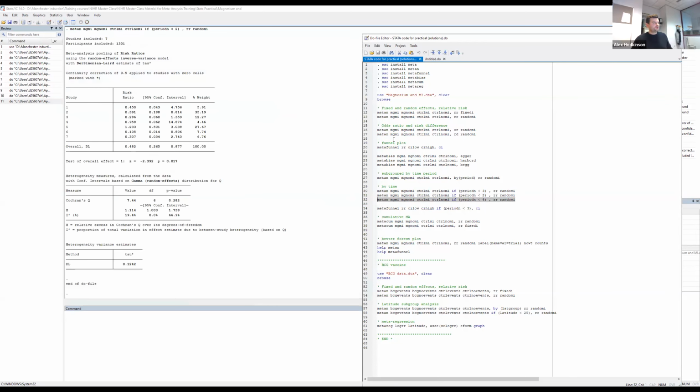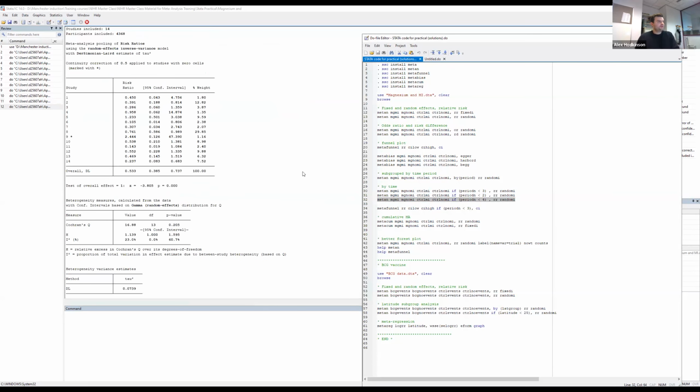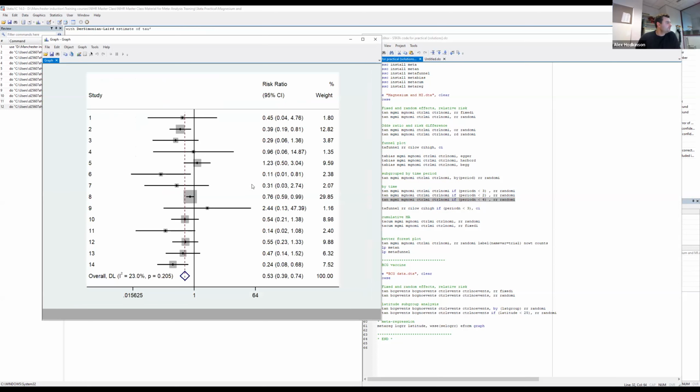I think it's this one that shows there isn't. Let's look. Period 4, yes, there's still a statistically significant reduction. So essentially, that was similar to what we showed in the subgroup analysis, where all of the different groups were statistically significant, other than the major trial at the end, the pivotal trial.